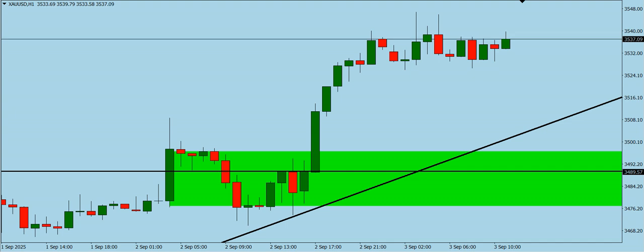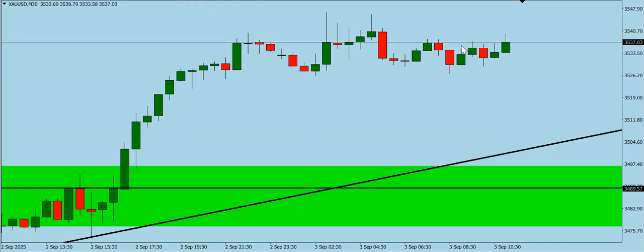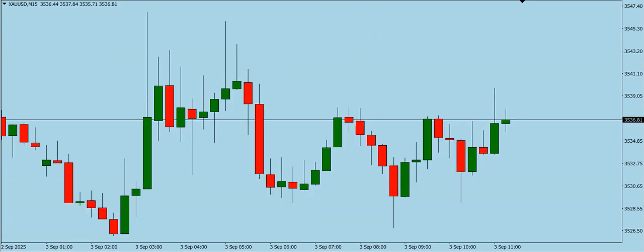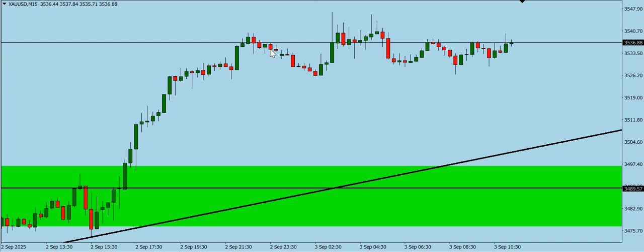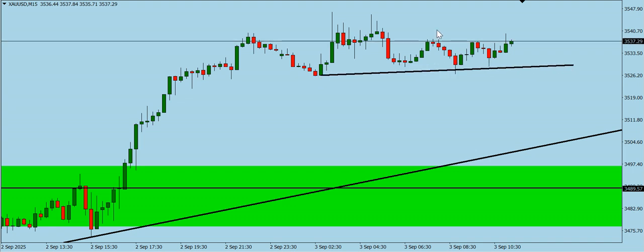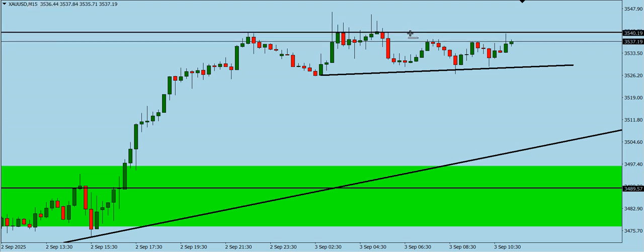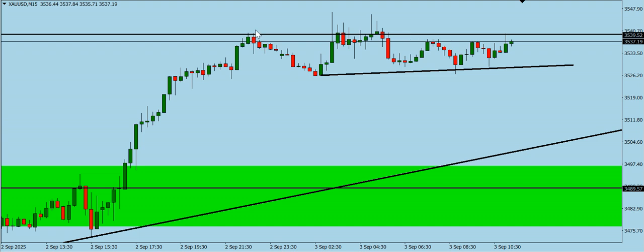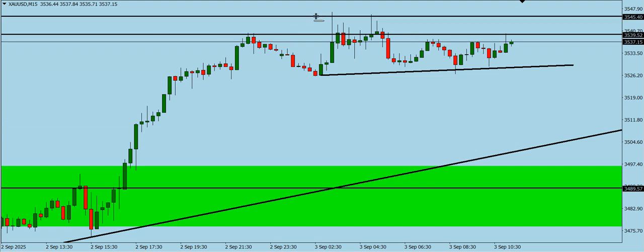On the 1-hour time frame, price is bullish. On the 30 minutes time frame, price is bullish. Look for buying opportunities. On the 15 minutes time frame, price is currently ranging upwards. A break above 3,539, price is expected to target 3,545.